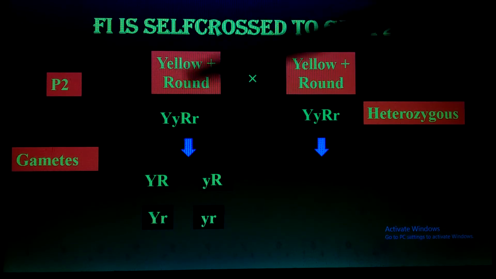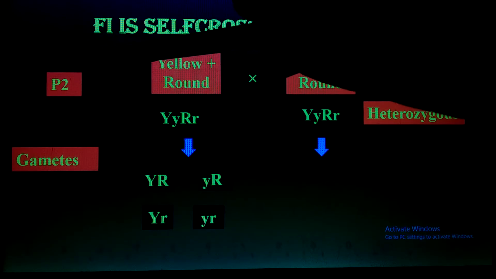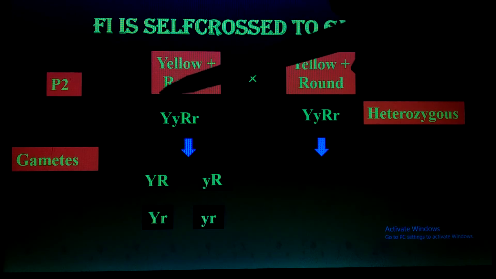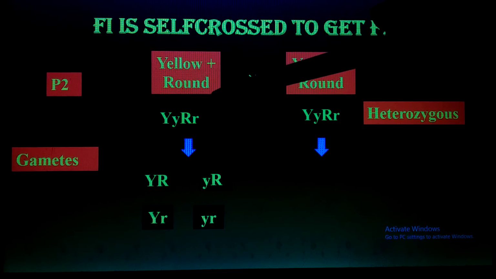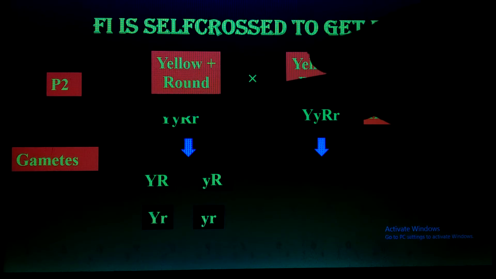So the F2 generation. When F1 is self-crossed, they become the second parental generation. Now the second parental generation is round and yellow phenotypically, but genotypically they are heterozygous. So 4 types of gametes are produced from this: capital R, capital Y, one gamete.